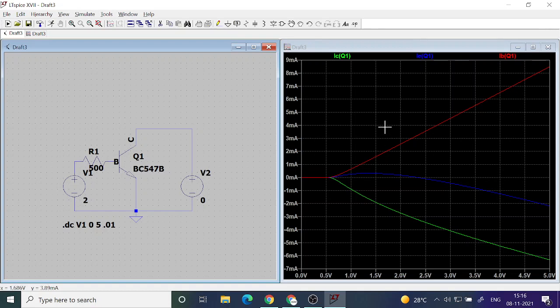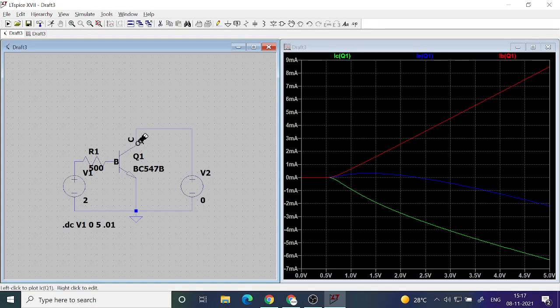So you take any point here, you take a cursor, you take any point in this, you add these three currents, they will cancel each other to 0. That's because all the currents which are coming into the terminal add up to 0.